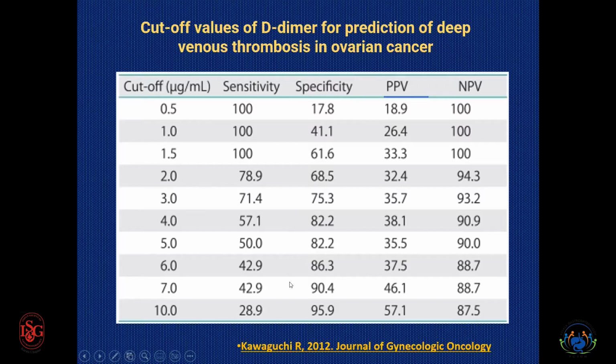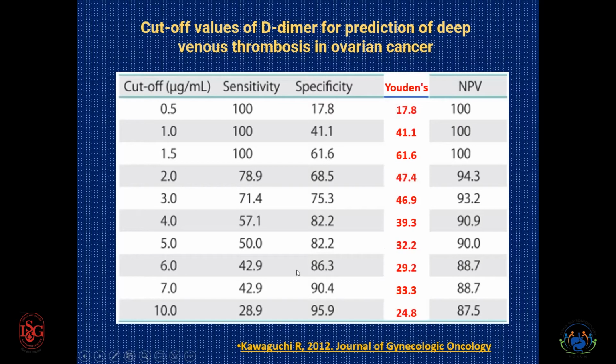Then how do you know the correct cutoff? Let us see what happens to the Youden values. The Youden index gives the best cutoff at 61.6. So you can take this as the best cutoff for D-dimer in these patients. That is using the Youden's J.